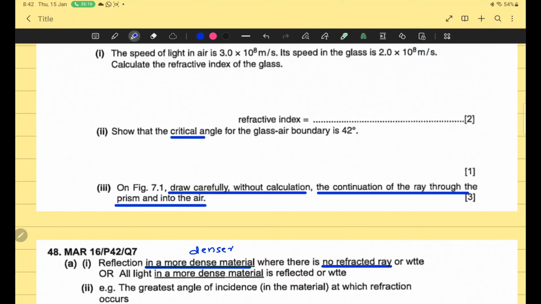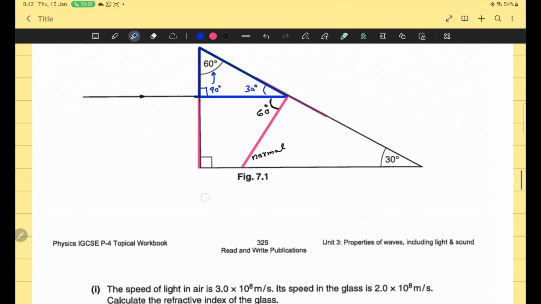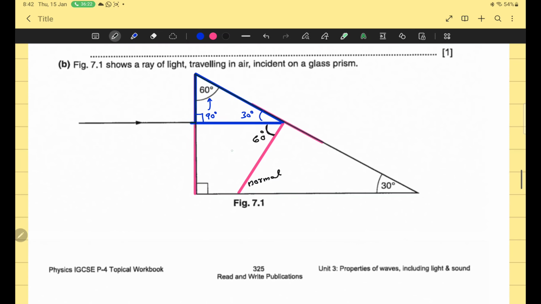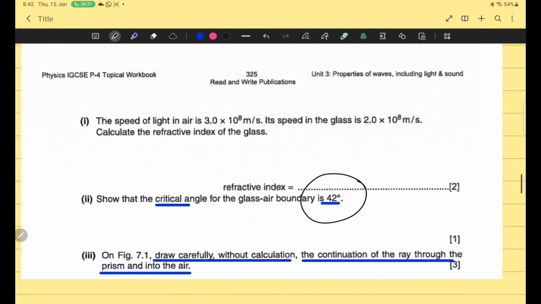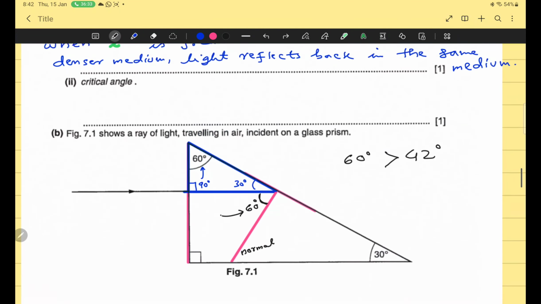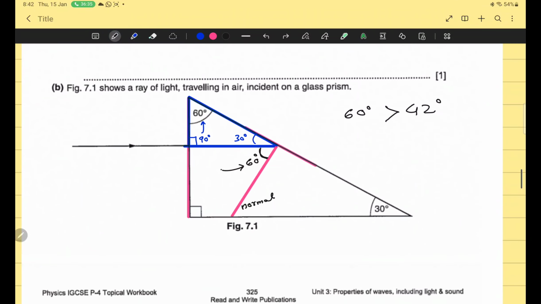You are given that the critical angle is 42 degrees. Angle I is 60 degrees, the incident angle is greater than the critical angle, so there will be total internal reflection.